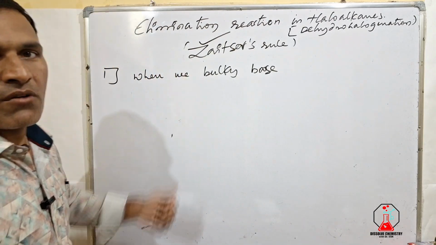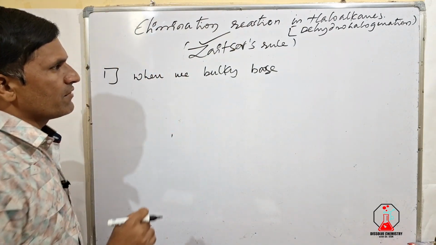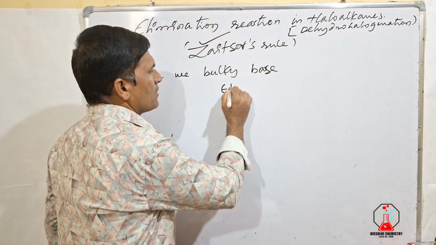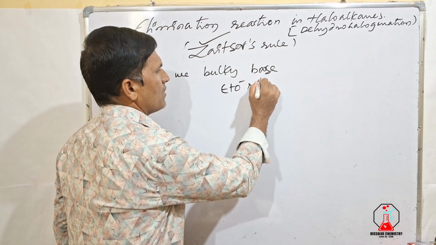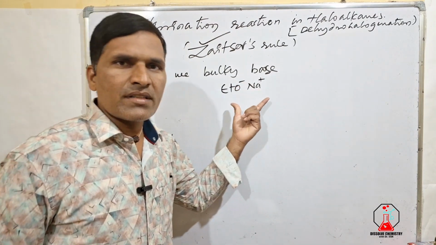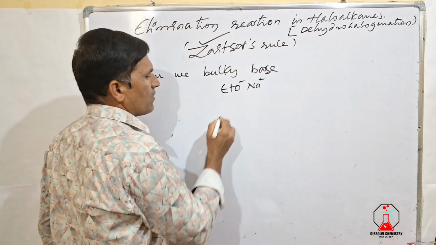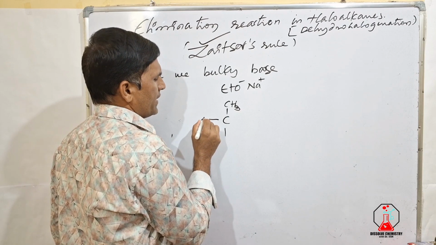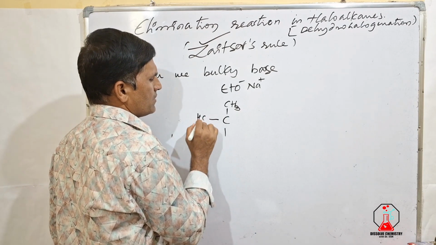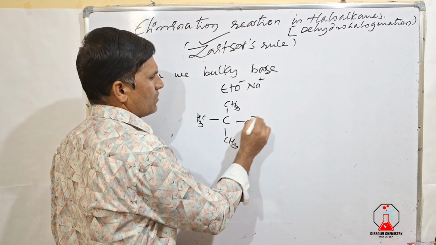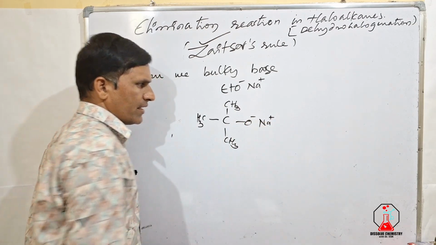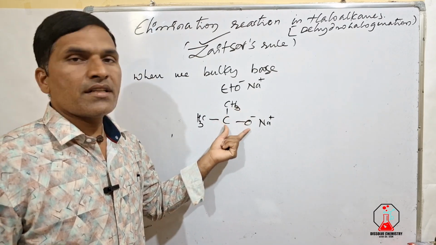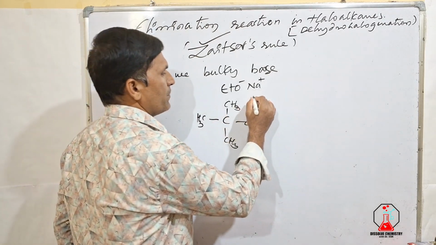The same example that we discussed in the previous one, we will see. Bulky base means how? Say for example, if you take sodium ethoxide, it's not that bulky, we can say. Now instead of this, if you take tertiary butyl oxide, (CH3)3CO minus Na plus or K plus, this is sodium tertiary butyl oxide, and this is said to be a bulkier base.